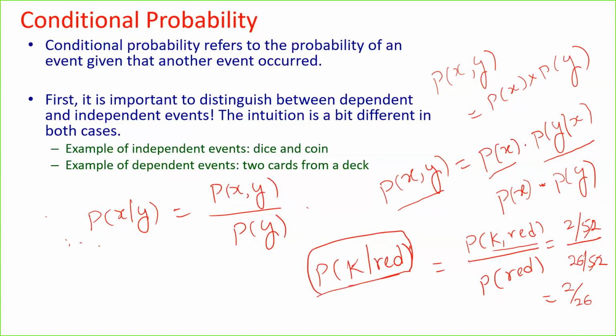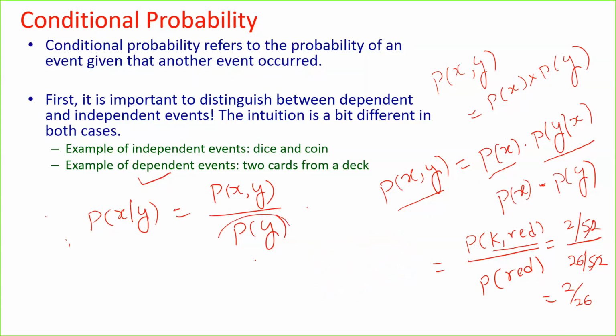I'm just giving an example for the relationship between the conditional probability and the joint probability. The conditional probability of x given y is equivalent to joint probability of x comma y divided by probability of y. Now there is a more convenient way of looking at this.